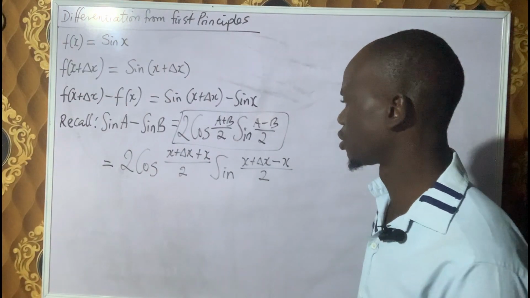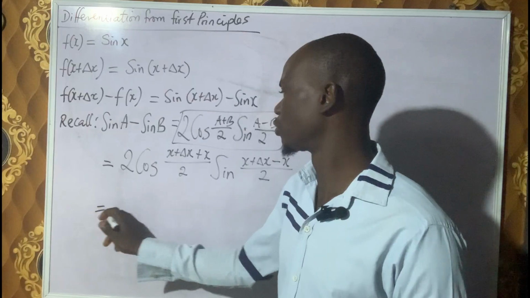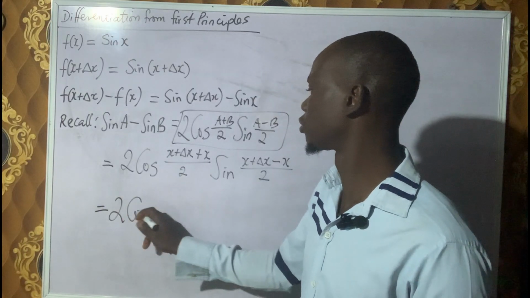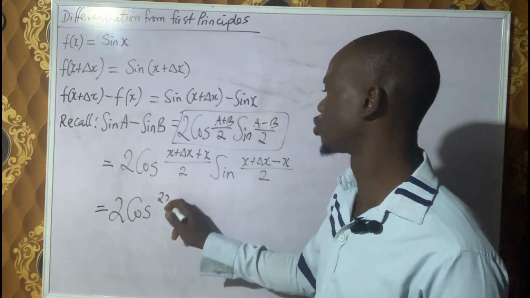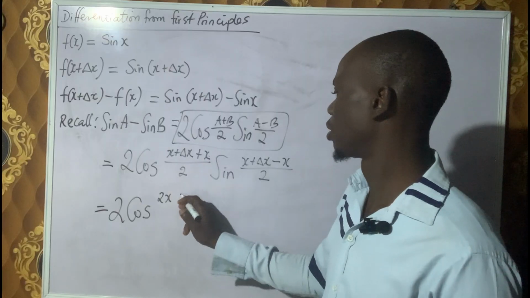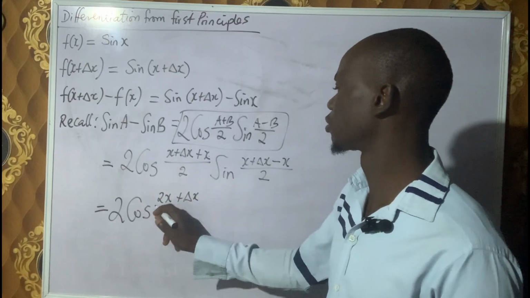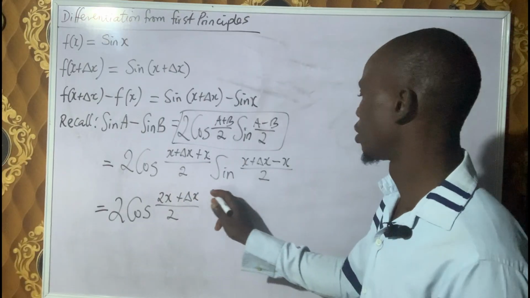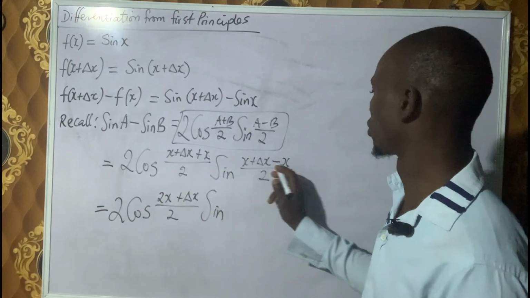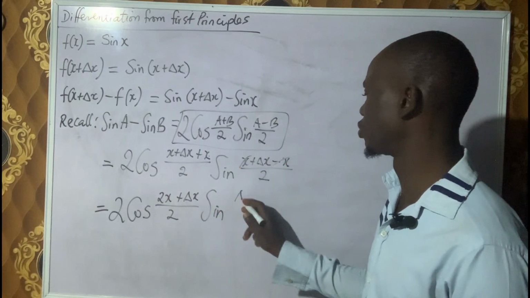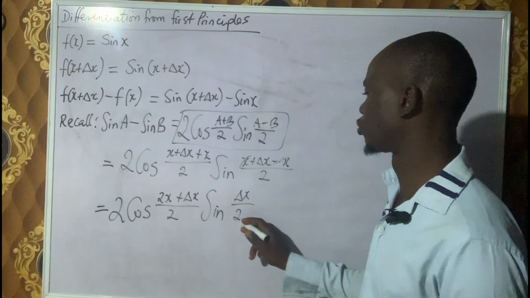At this point, let's simplify. If we simplify, we have 2 cos of x plus x is 2x, collecting like terms, plus delta x all over 2, sine of x minus x is 0, leaving us with delta x over 2.